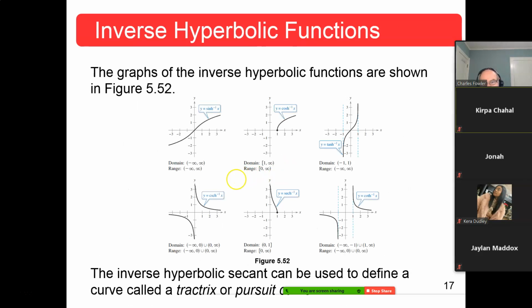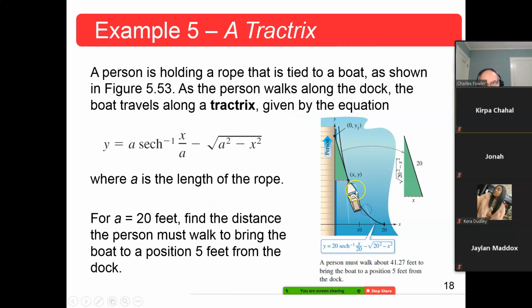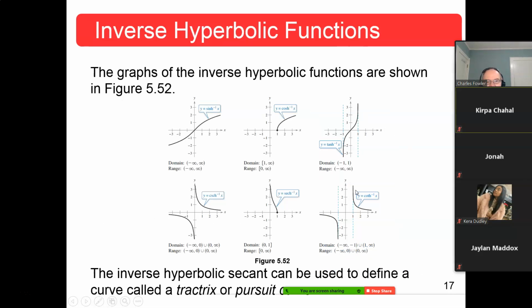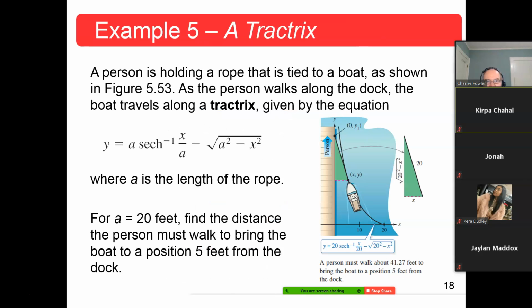Like I said, this looks the same. Remember, the hyperbolic secant came here and went like this. This one comes here and goes like that. And like I said, before these were horizontal asymptotes, now they're vertical asymptotes. But other than that, they look the same.